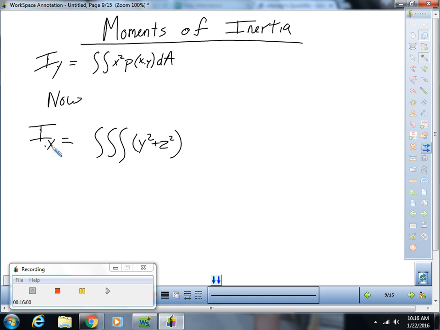So the further away you are from something, the bigger your moment is, the less likely you are to want to rotate around that thing. Which is why when the figure skater pulls her hands in, she spins faster, right? Well, that's conservation of energy, but same concept.